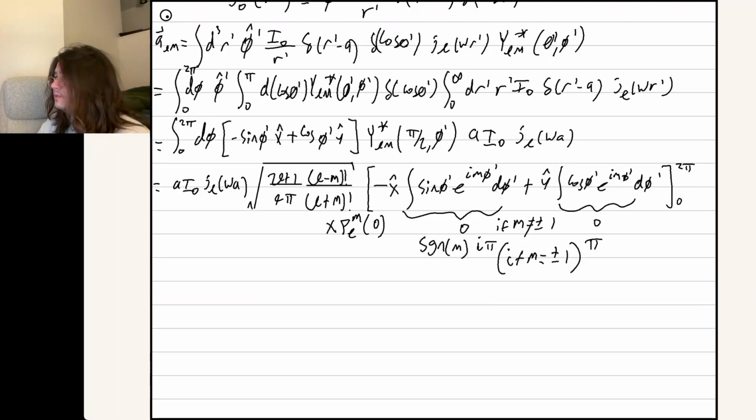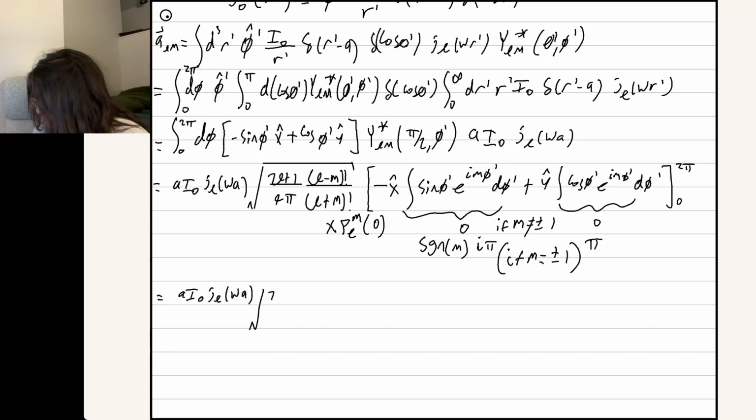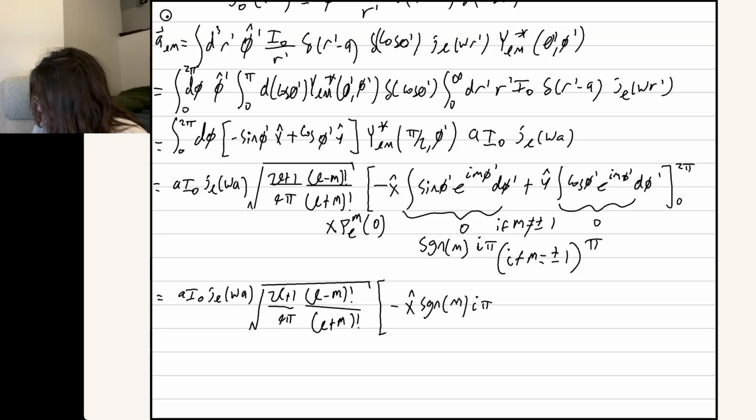Okay. So I'm going to continue to write out this vector constant as being equal to i naught j_l omega a square root of (2l plus 1) over 4 pi times (l minus m) factorial over (l plus m) factorial, which is going to be minus x hat sine of m times i pi plus pi y hat.